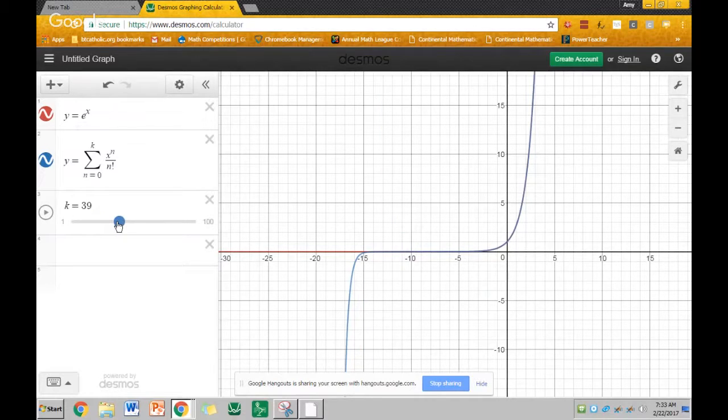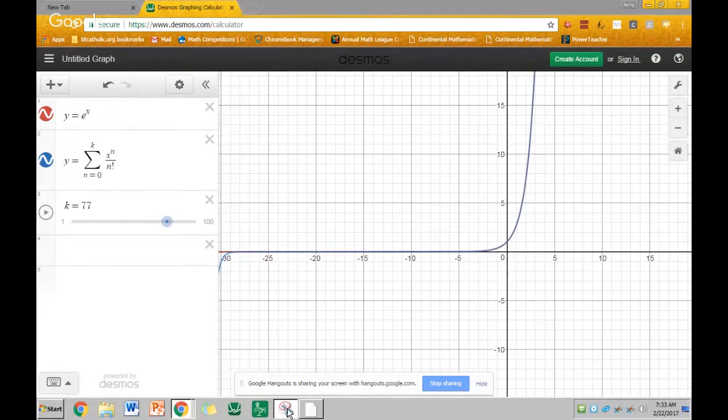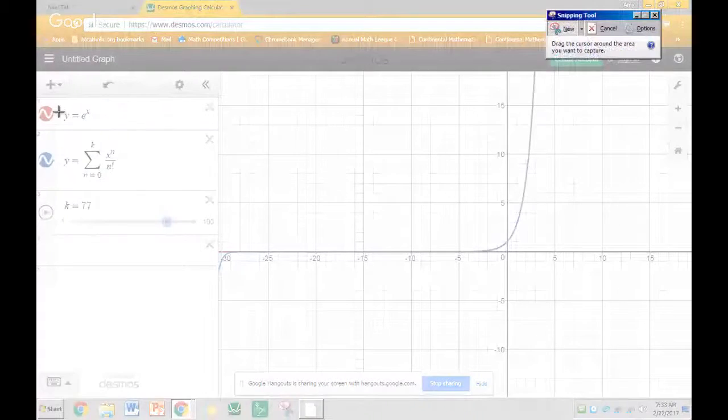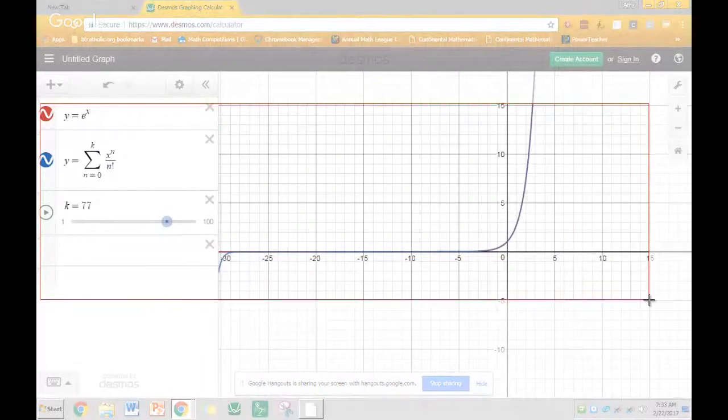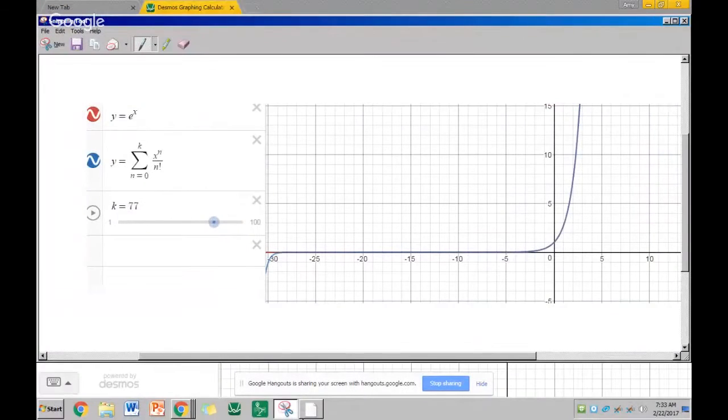Well, gosh, it seems to be getting bigger and bigger and bigger. And believe it or not, the interval of convergence, if you use an infinite number of terms here, is going to be negative infinity to infinity. So this converges for all real numbers. That's pretty amazing.